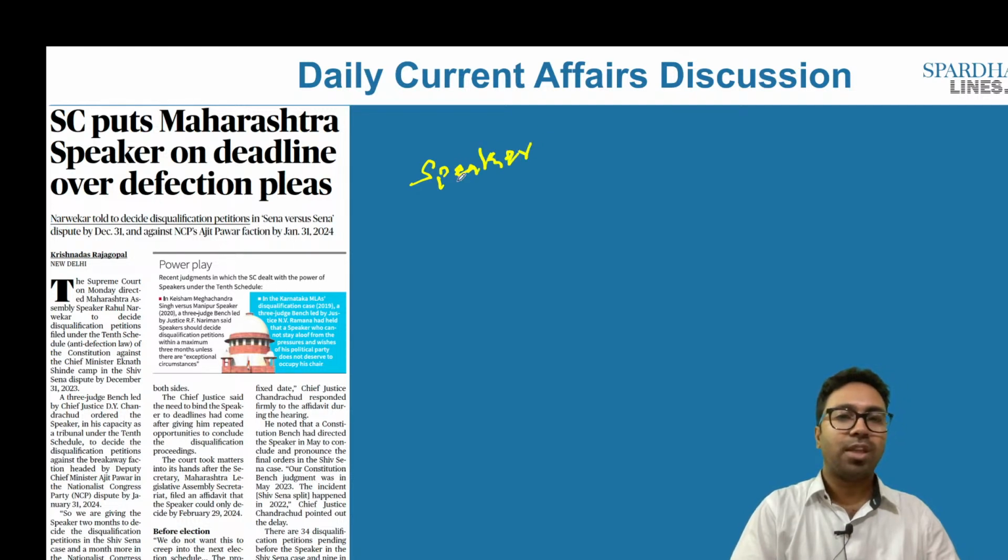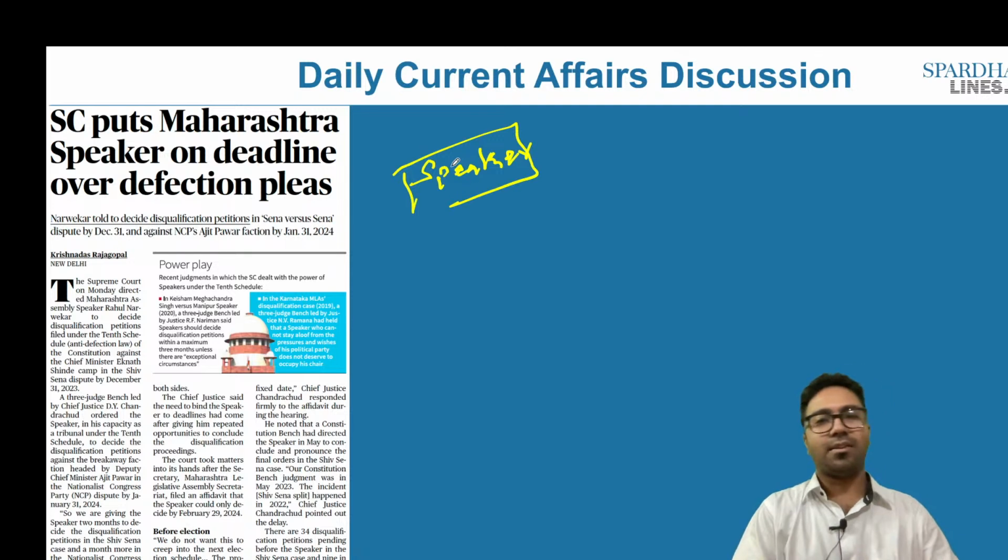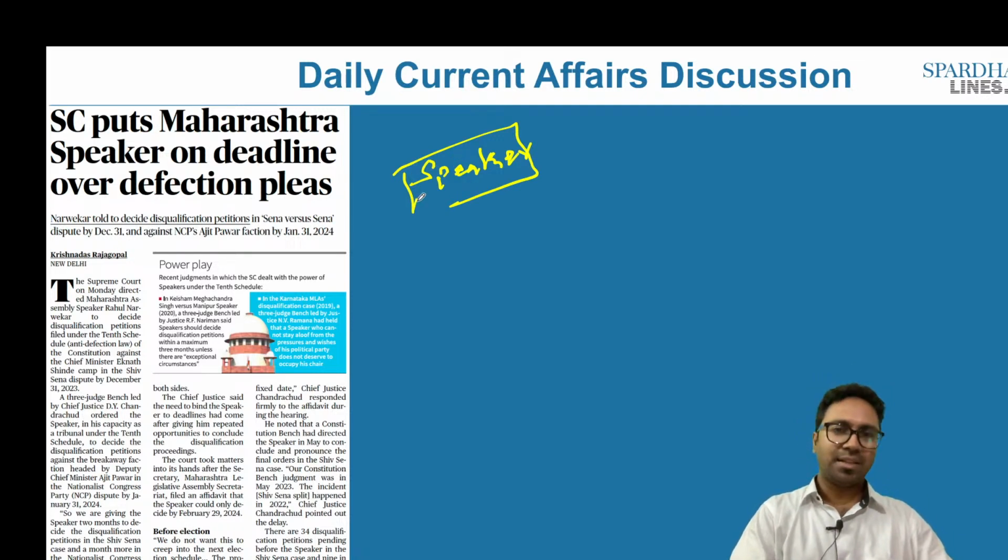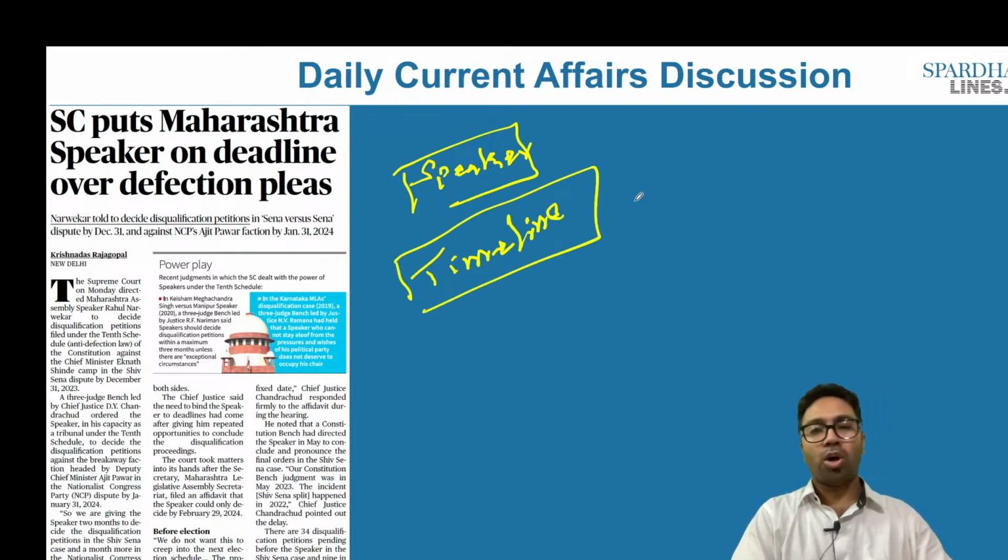We did discuss the anti-defection law yesterday, and we discussed that there is one flaw in the law: no timeline is mentioned within which the Speaker has to decide on the disqualification of a member of the Legislative Assembly or the Lok Sabha.